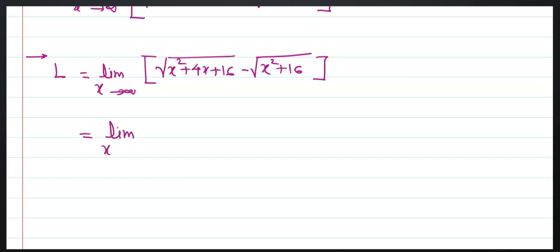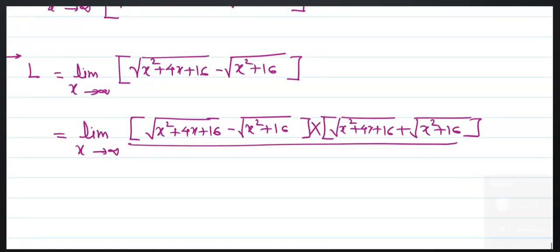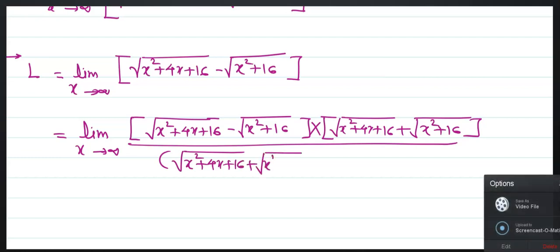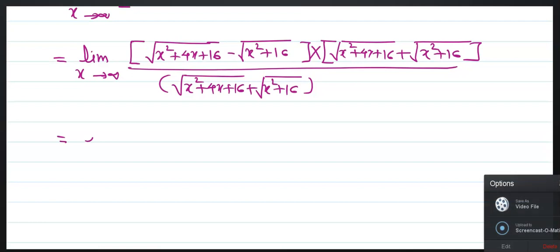Therefore, limit x tends to infinity, (√(x² + 4x + 16) − √(x² + 16)) into (√(x² + 4x + 16) + √(x² + 16)) upon (√(x² + 4x + 16) + √(x² + 16)). That is the conjugate, the rationalizing factor.